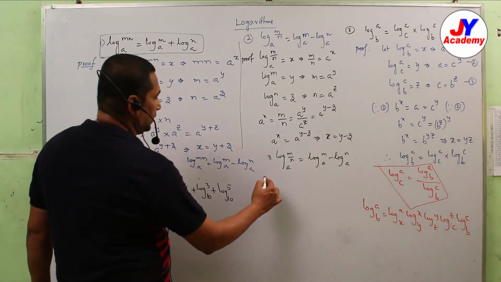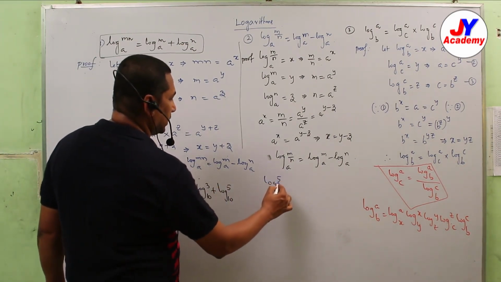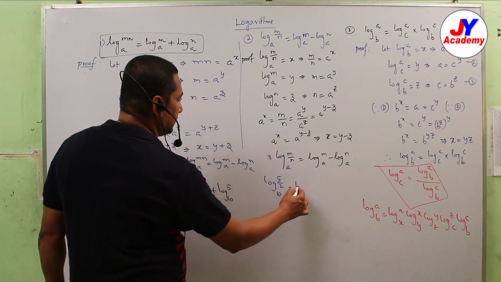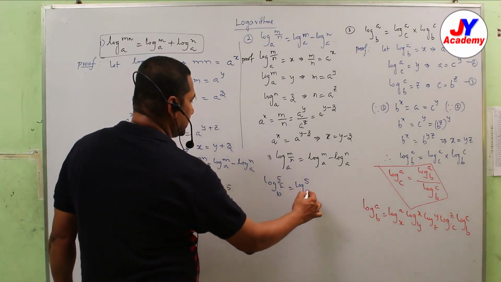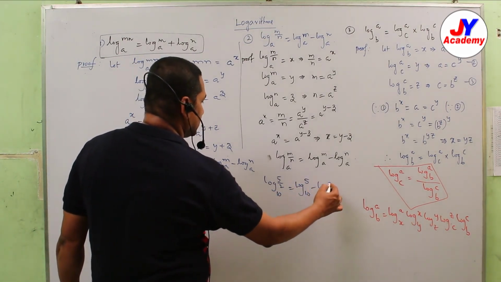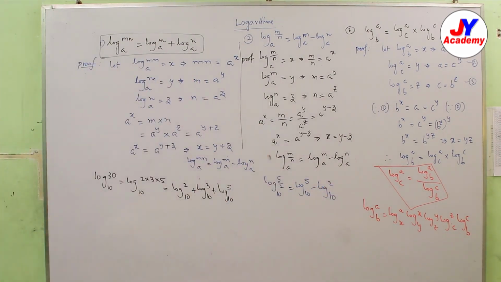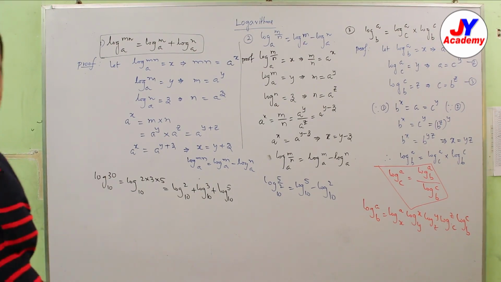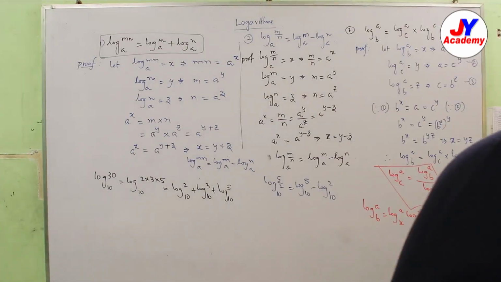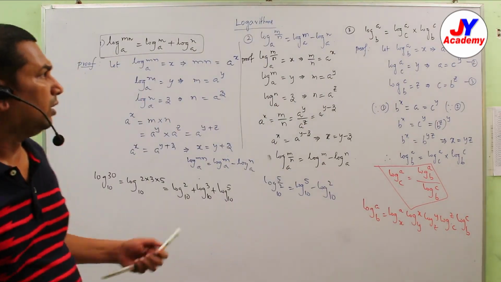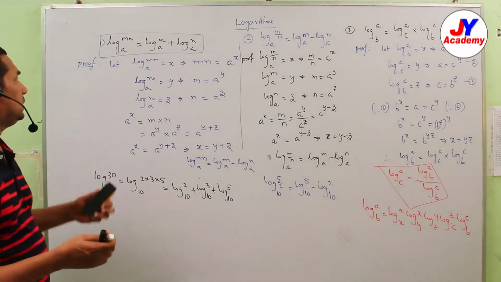Suppose here log 5 by 2 base 10 is given, that is log 5 base 10 minus log 2 base 10. Like that we can apply the two formulas. Okay, so now we'll go through with the fourth one.